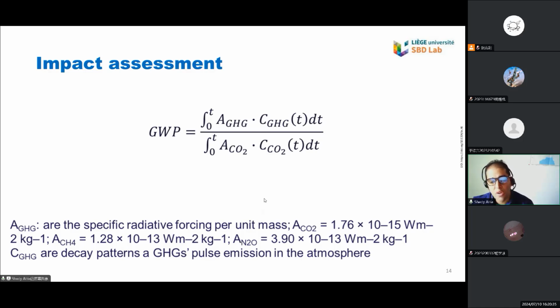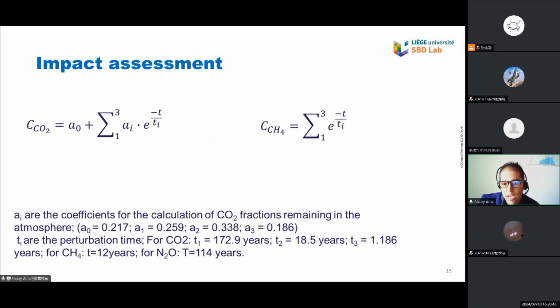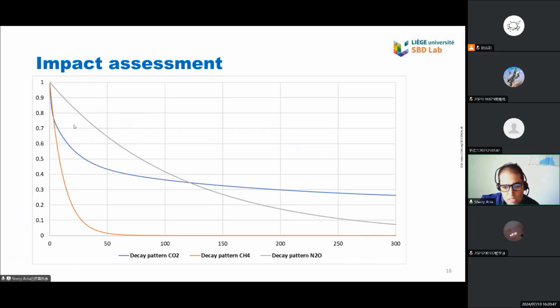And then we divide it all by the decay pattern of the greenhouse gas emissions in the atmosphere. So it's very important to understand that there is a decay. I just give you here a graph. You can see here that on a 300 year period, the methane in orange, you can see my cursor is following, decays and totally disappears from the atmosphere layer after almost 50 years.